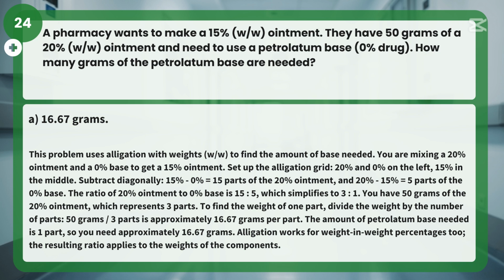You have 50 grams of the 20% ointment, which represents 3 parts. To find the weight of one part, divide the weight by the number of parts. 50 grams / 3 parts is approximately 16.67 grams per part. The amount of petrolatum base needed is 1 part, so you need approximately 16.67 grams. Alligation works for weight-in-weight percentages too. The resulting ratio applies to the weights of the components.